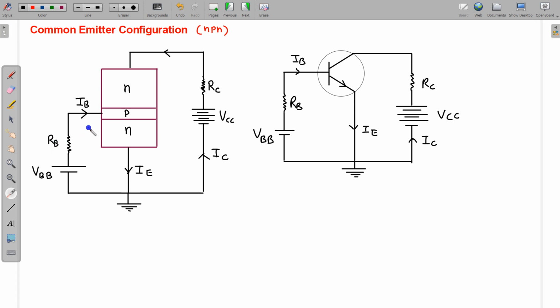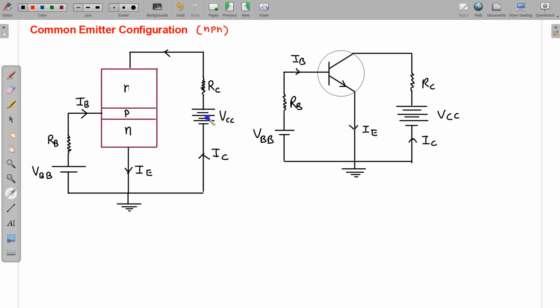Again, the emitter-base junction is to be forward biased, so this P is connected with the positive terminal, and the collector-base junction is to be reverse biased, so this N is connected with the positive terminal. In the diagram, I have shown this battery. The voltage of this battery is more than this battery.